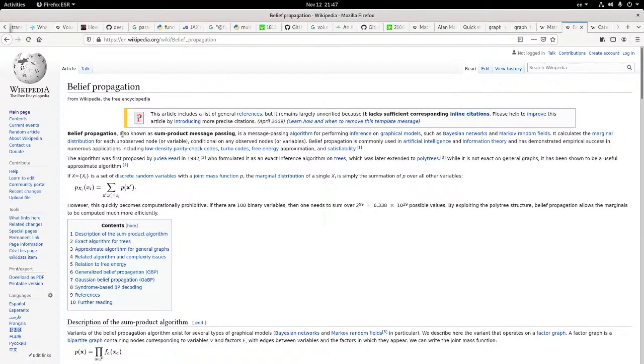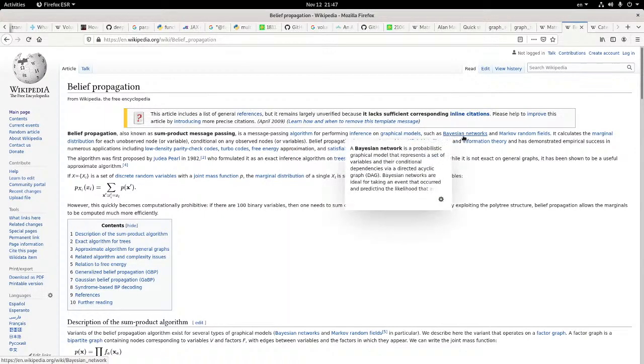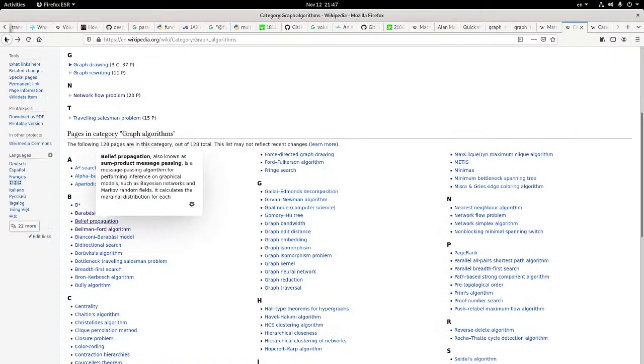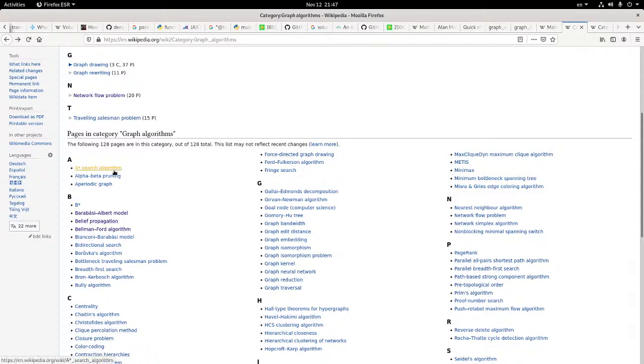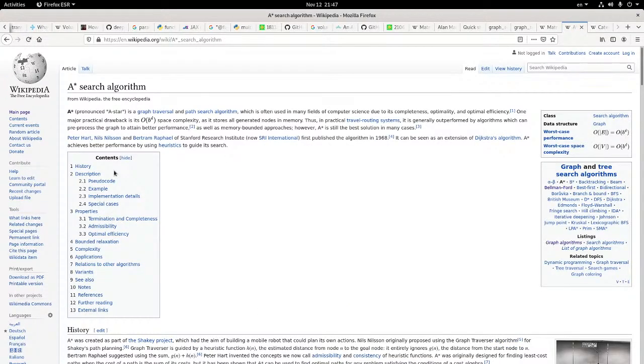Belief propagation. Sum-product message passing is a message passing for performing inference on graphical models such as Bayesian networks, Markov. No. What's A-star search? Traversal and path search algorithm, which is often used in many fields of computer science due to its completeness.